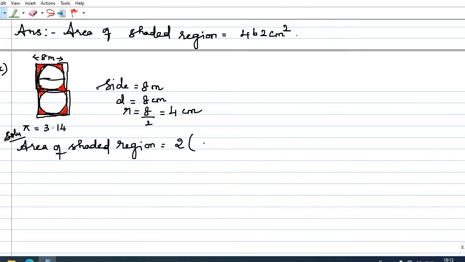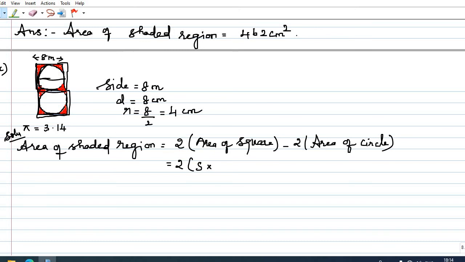So I can write 2 into area of a square minus 2 into area of a circle. Can you understand this? Area of a square is side into side, minus 2 into area of the circle, which is pi r square.